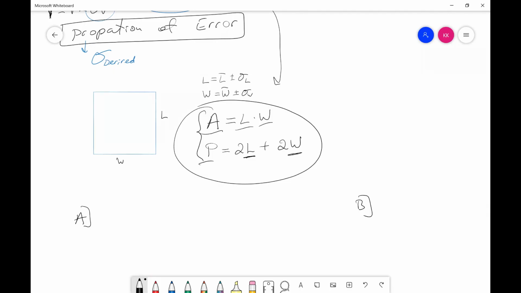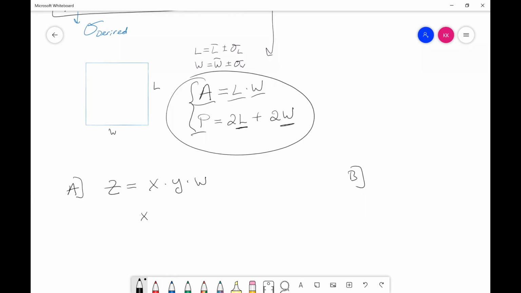So let me show you the equation format. This is basically a template, and we are using a dummy variable. Let's say the Z here is a dummy variable. Z is some kind of quantity that we are deriving, so basically it means nothing. It can be a product of three measured quantities, X, Y, and W, each coming with its average and uncertainty.